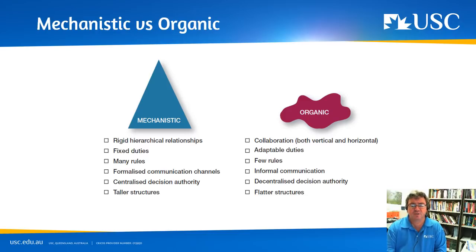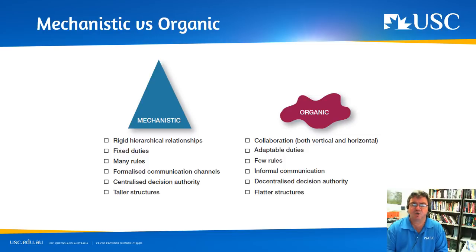Fixed duties, usually seen as being highly formalised. Many rules, again highly formalised. It'd be probably a highly specialised workplace as well, where you've split the duties into very small job tasks that people can do, with significant policy or rules around them. Centralised decision authority, so the decision is generally made at the top and filtered down.